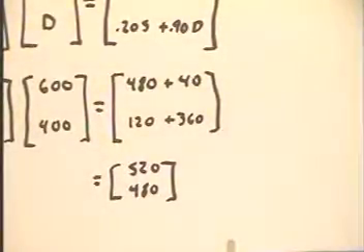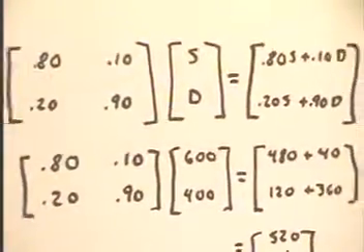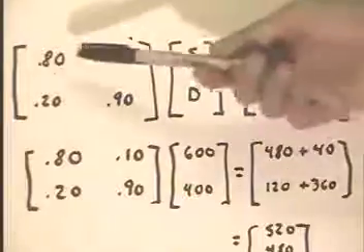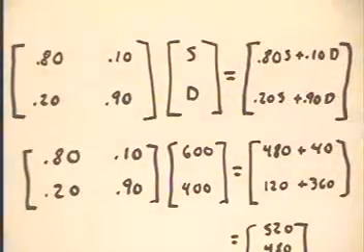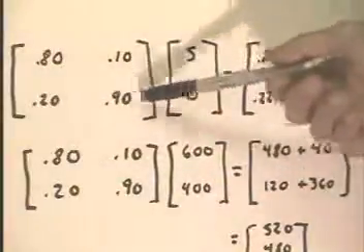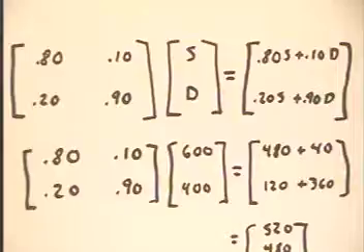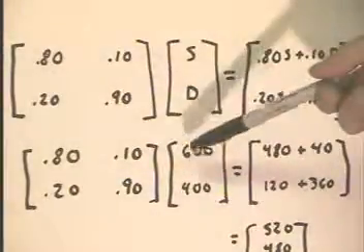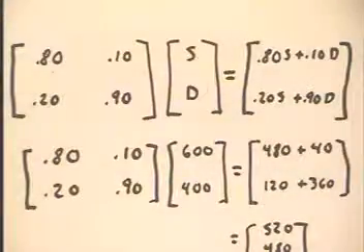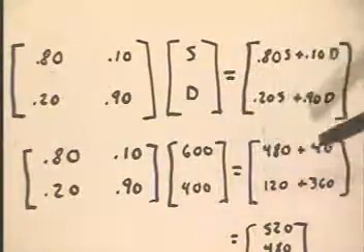We then proceed to set up our transition matrix as before, and this is the same thing that we saw earlier. 80% of the sane plus 10% of the demented gives us the new number of sane. 20% of the sane plus 90% of the demented gives us the new number of demented. So if we look at the numbers, if we had, let's say, 600 sane and 400 demented, 80% of 600 would be 480, 10% of 400 would be 40.